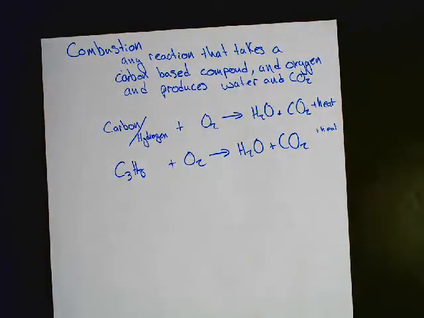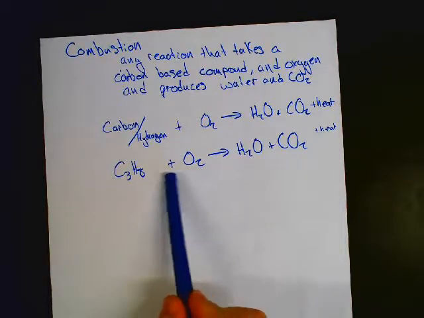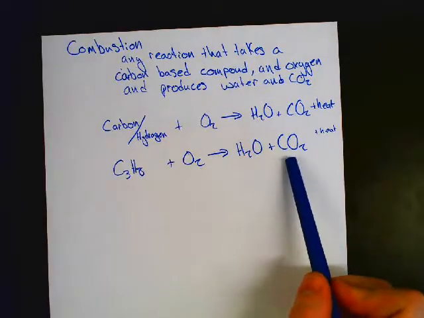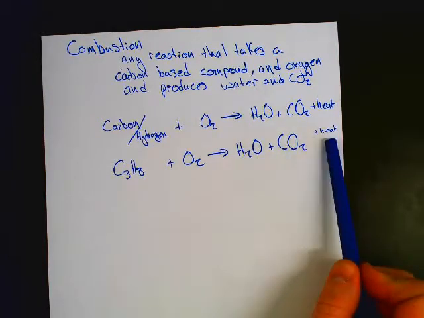I don't know what C3H8 is. Sure you do. C3H8 is propane. So anytime you burn propane, like on a grill or in a heater, you're combining it with oxygen to produce exhaust, that's water vapor and carbon dioxide, and heat.